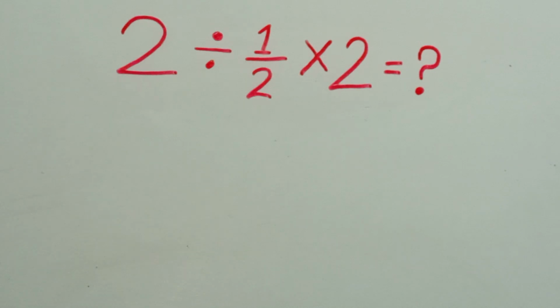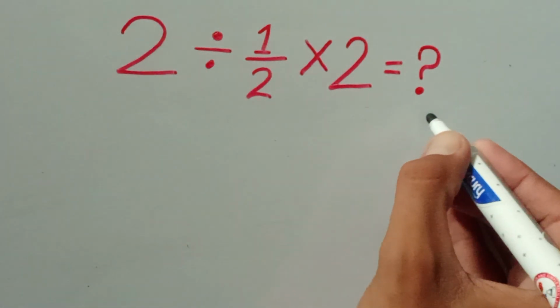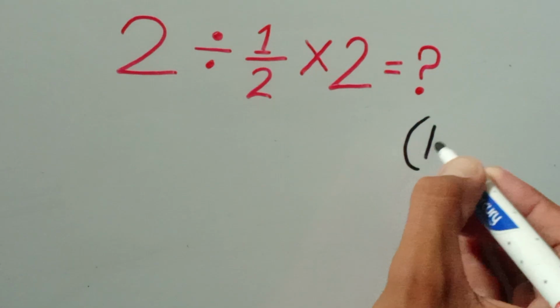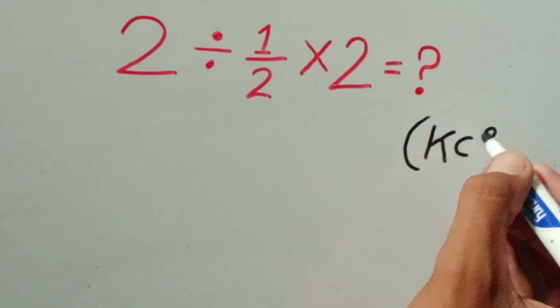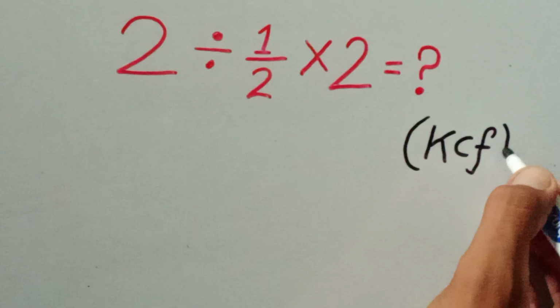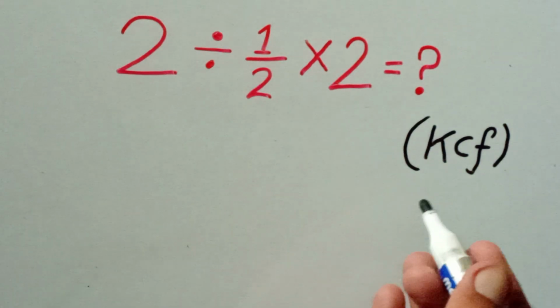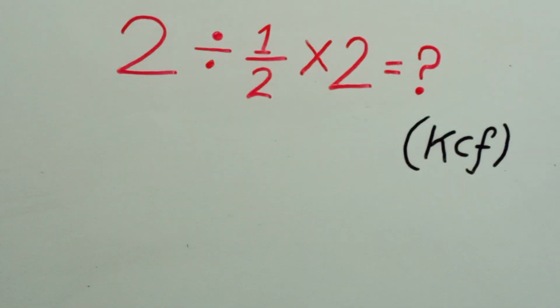Now remember one rule which is very important for calculation, which is the KCF rule, where K stands for keep, C stands for change and F stands for flip.